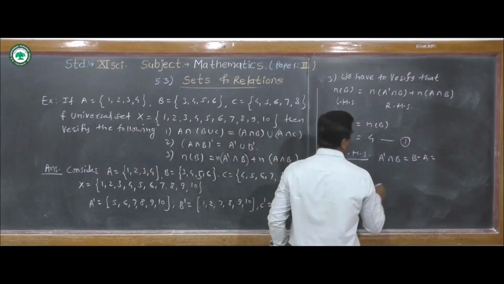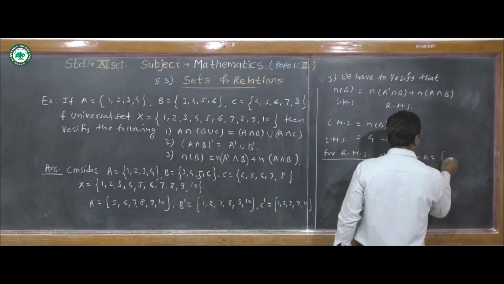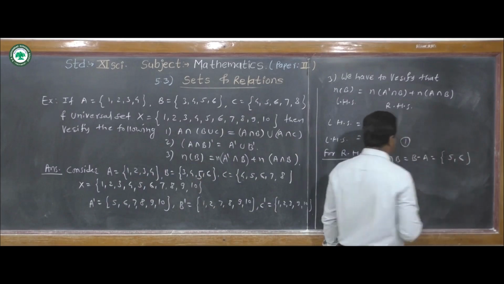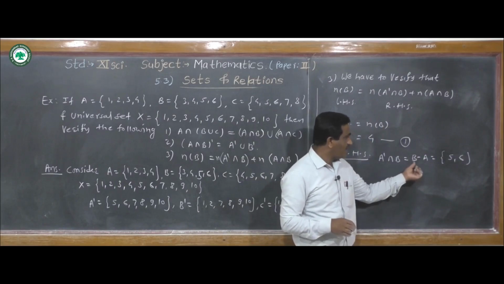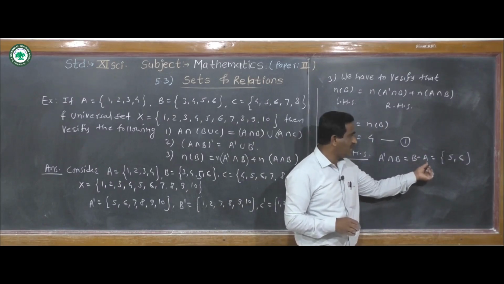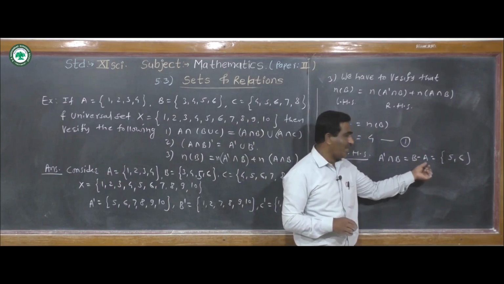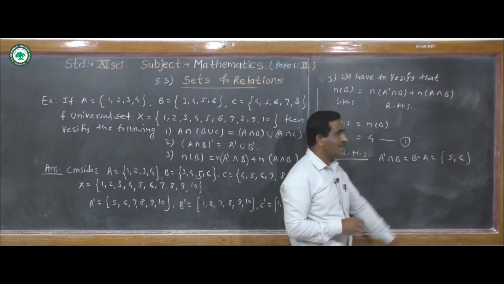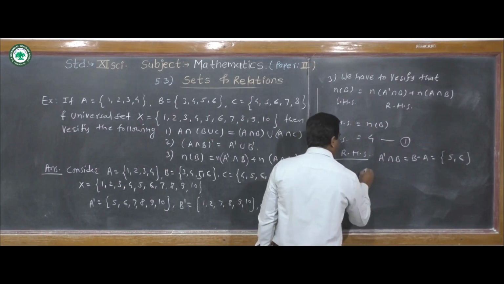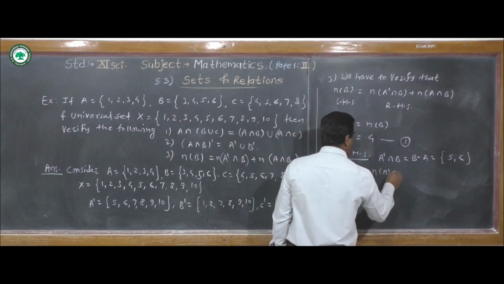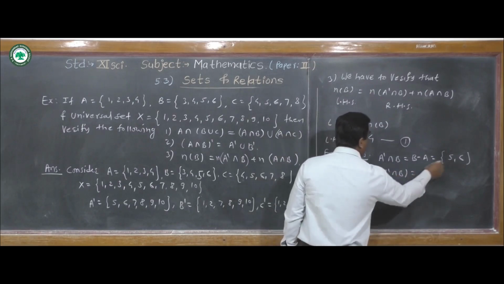This set contains elements 5, 6, the elements which are contained in set B but not contained in set A. Which is equal to B minus A, that is {5, 6}. And therefore here number of A dash intersection B is equal to 2.